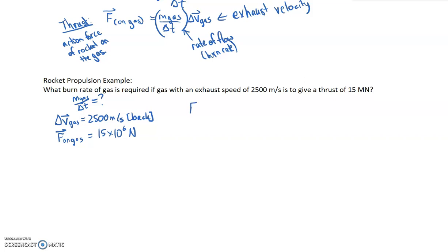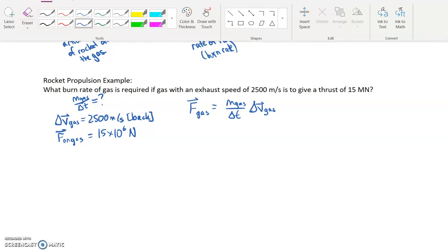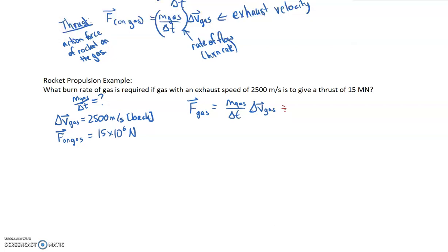Now all we need to do is start with the equation that we've derived for this. The force of the gas is the mass of the gas divided by the change in time times the exhaust velocity. If I divide both sides by the change in velocity, that's going to cancel off this side. And on the other side, what I'm going to arrive at is my burn rate, equal to the ratio of the force divided by the change in velocity.